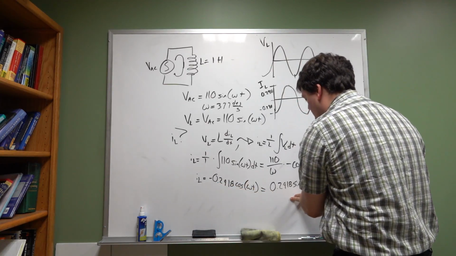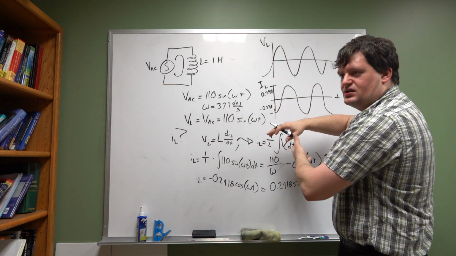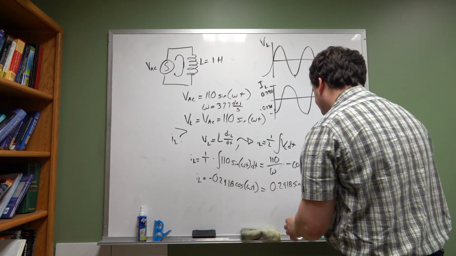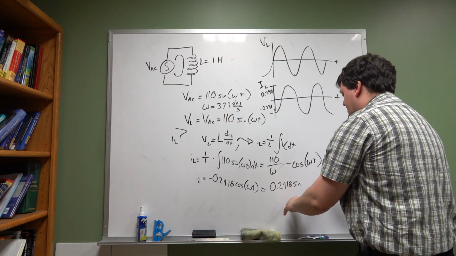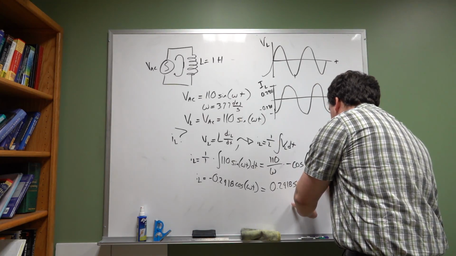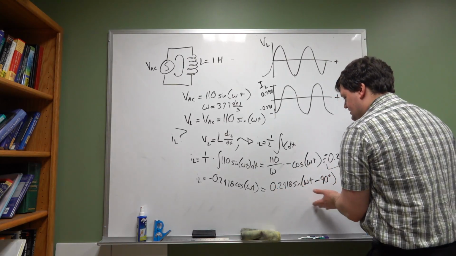Notice the negative sign goes away. Why is that? Well, it's because a negative cosine is just a cosine 180 degrees phase shifted. Okay? These are the same things.